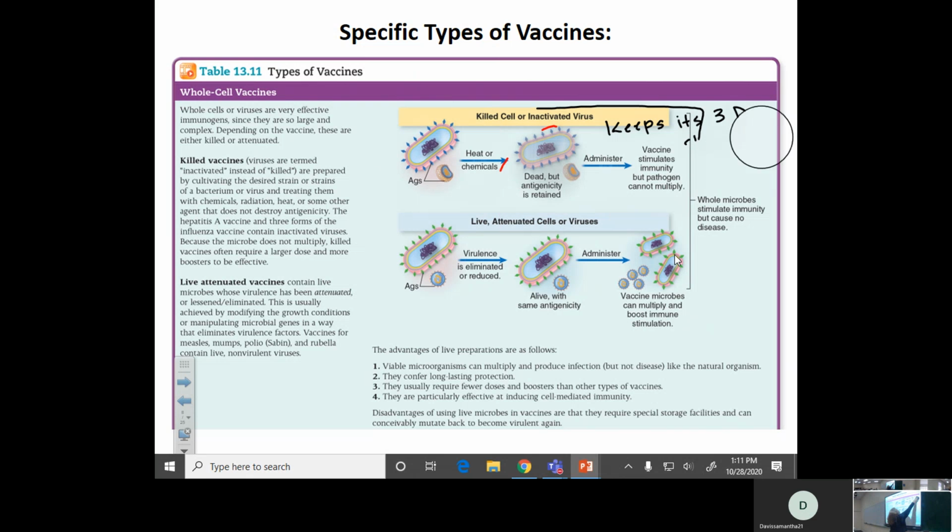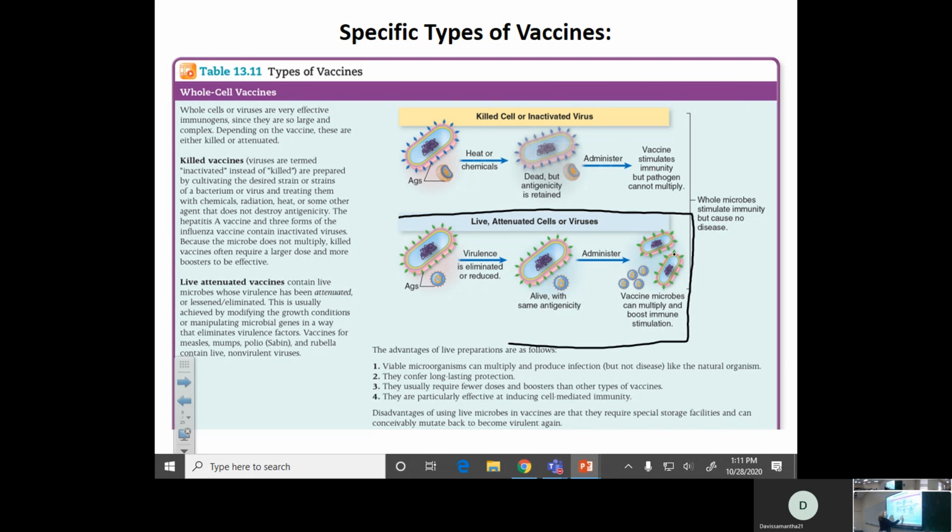Okay, so now let's look at the next category down, which is live attenuated. That's this. Live attenuated. These are engineered.